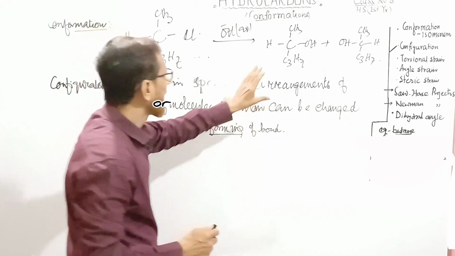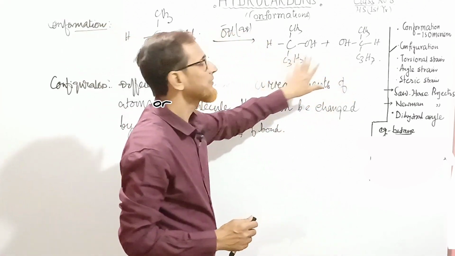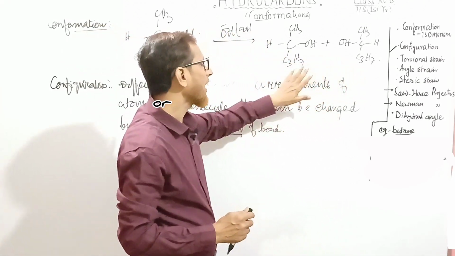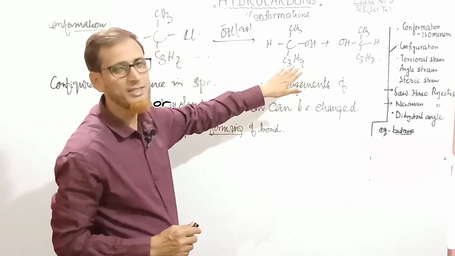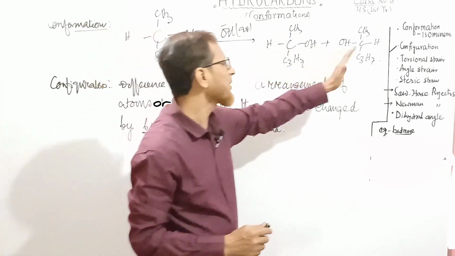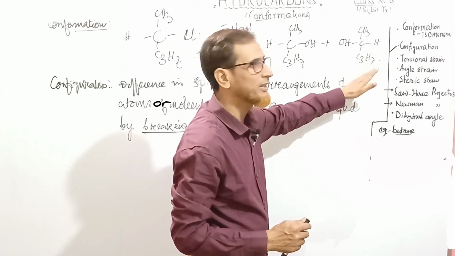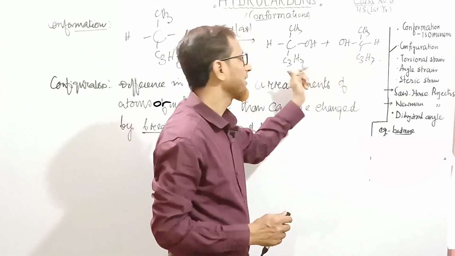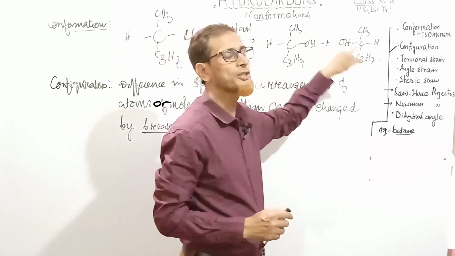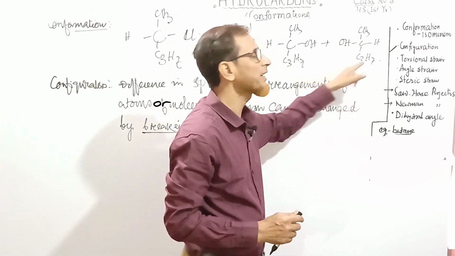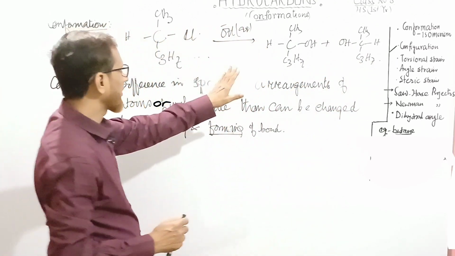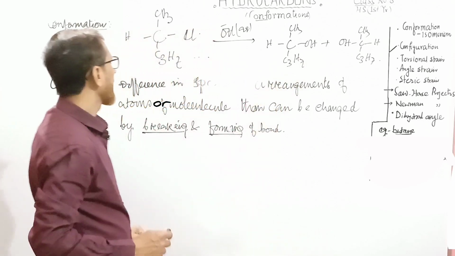Am I right? And these two have different optical activity. One may rotate the plane polarized light towards right, and to the same extent the other will rotate the plane polarized light towards left. It is a racemic mixture. Am I right?